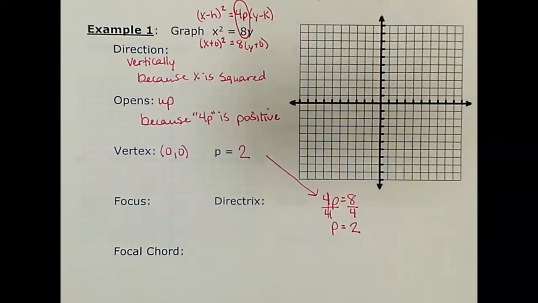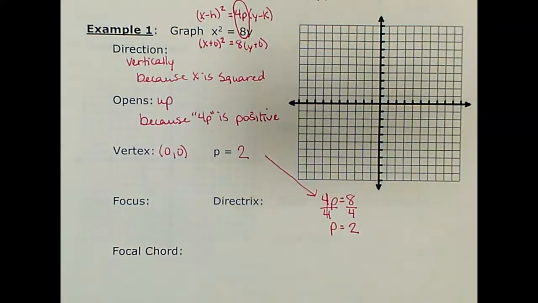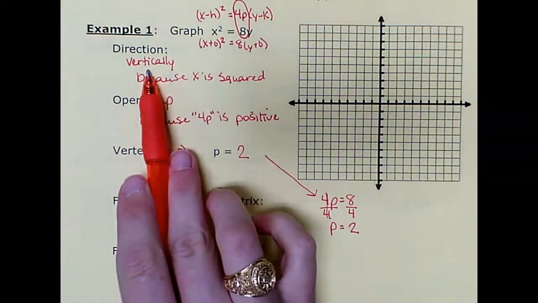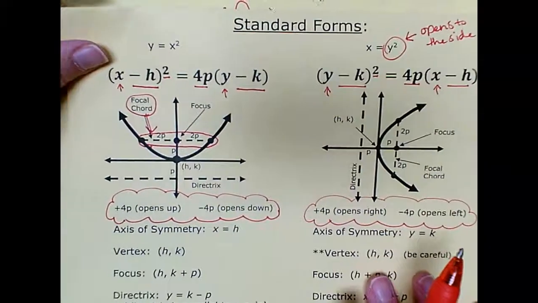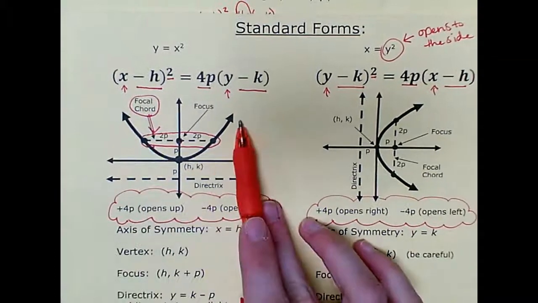So now we're getting into the area that is unknown to us. The p value is new, the focus and the directrix and the focal chord, those are all new. So I'm going to go back and look at my first page, at how I'm supposed to find the focus for a parabola that opens vertically. So here's my equation for a parabola that opens vertically.